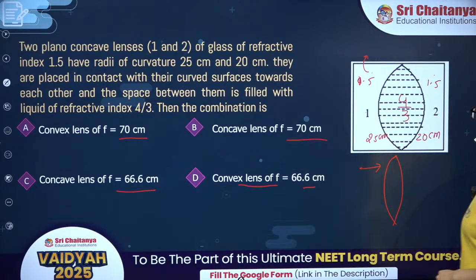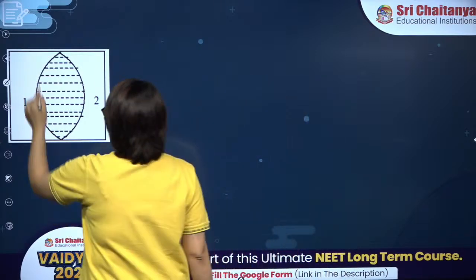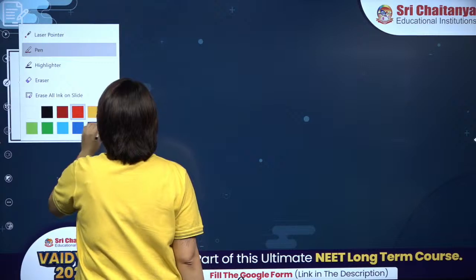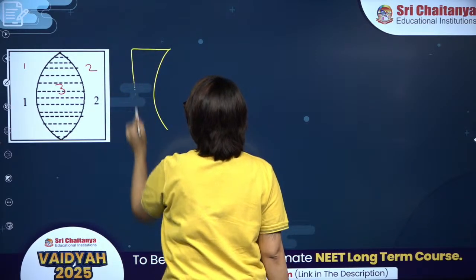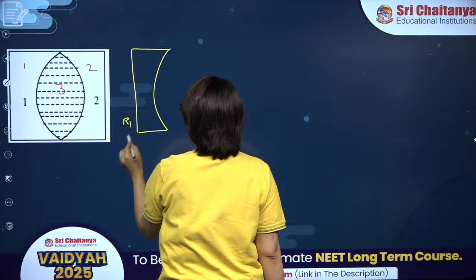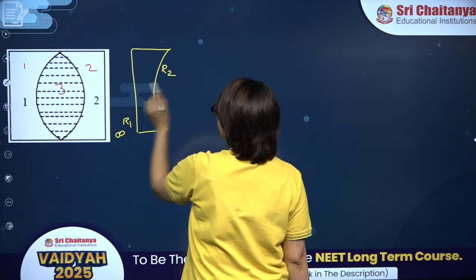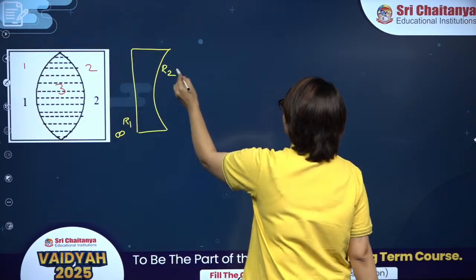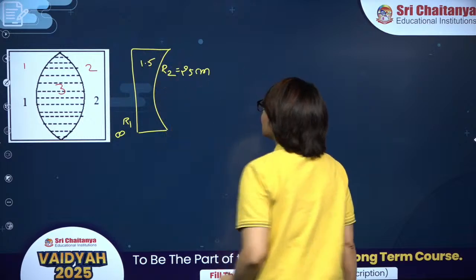So let's do this one. We will divide this one into 3 parts, beta. This is the first, second, and this is the third lens over here. In the first lens, the first surface is a plane surface, so its radius of curvature is infinity. Second surface is a curved surface and its radius of curvature is 25 centimeter, and refractive index of this one is 1.5.